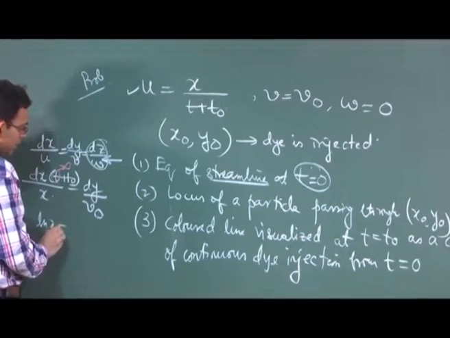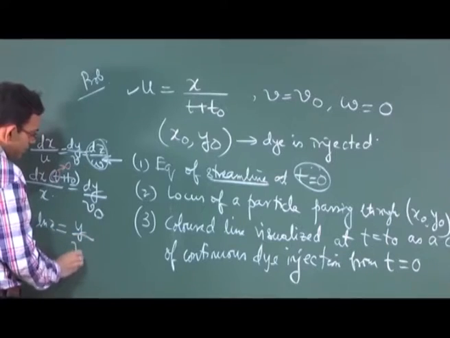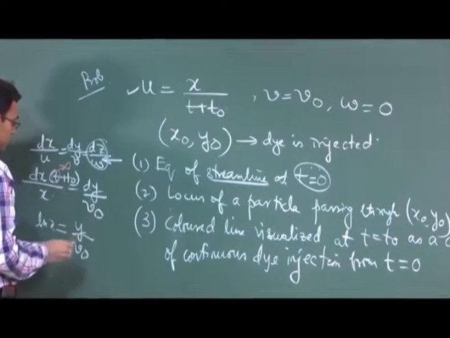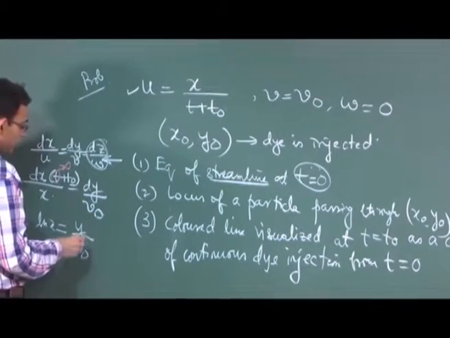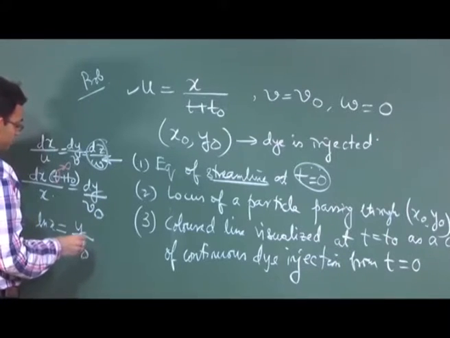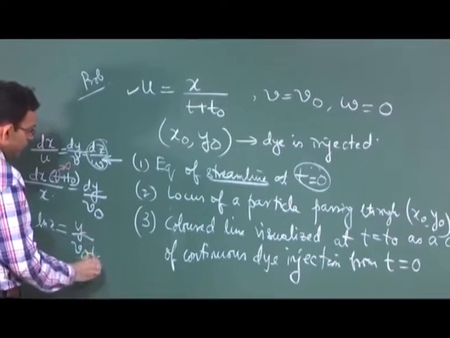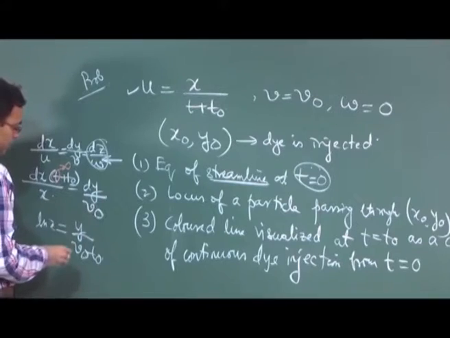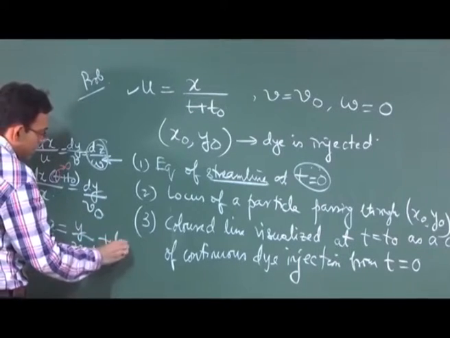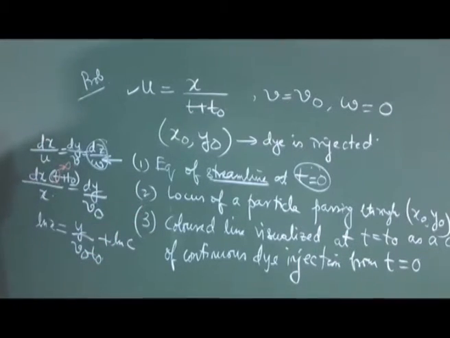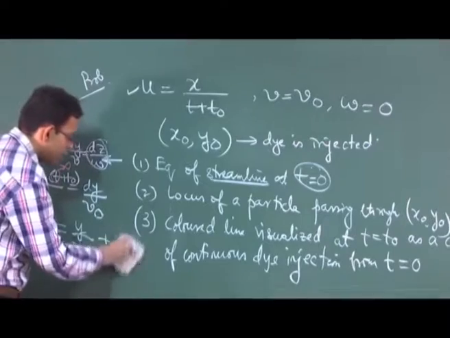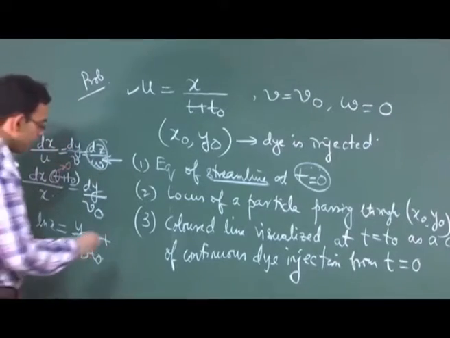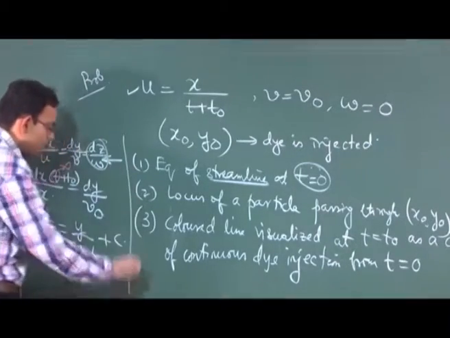So, ln x is equal to y by v0 into t0 plus ln of a constant of integration, or just a simple constant of integration, whichever is a convenient way of writing.